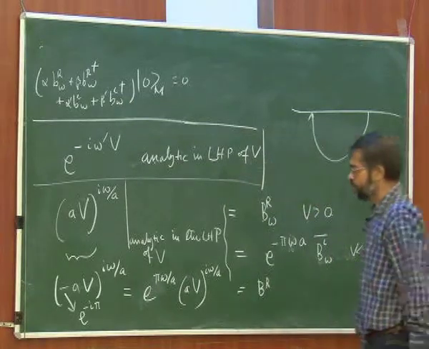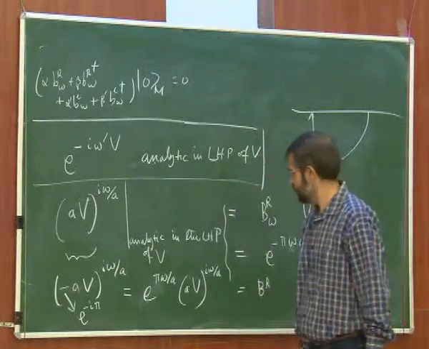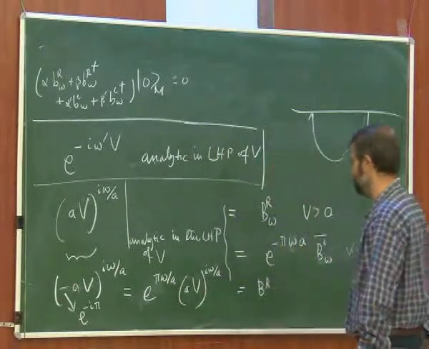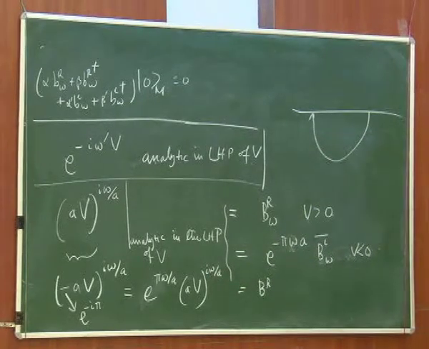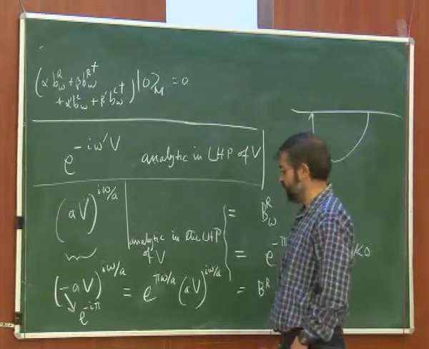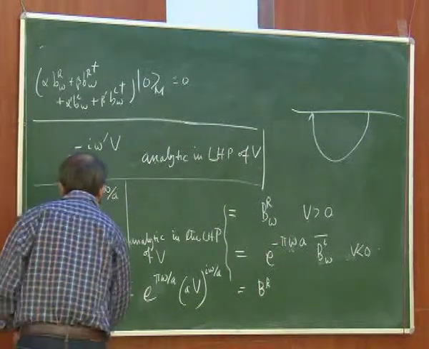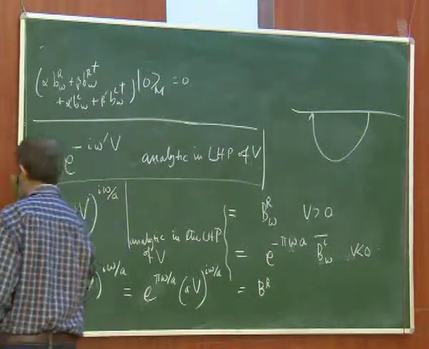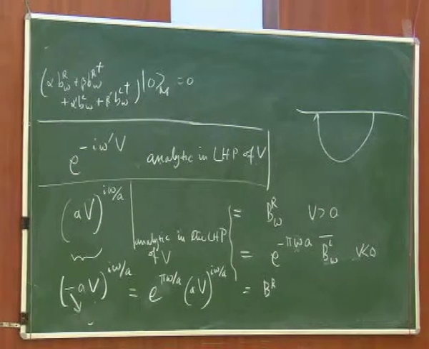So the analytic continuation looks like e to the power pi omega a times AV to the power i omega a. Now let us see what. So this analytic continuation is precisely what BL omega bar is.